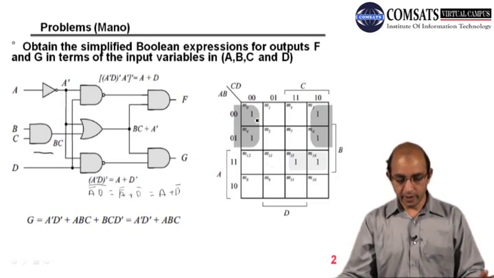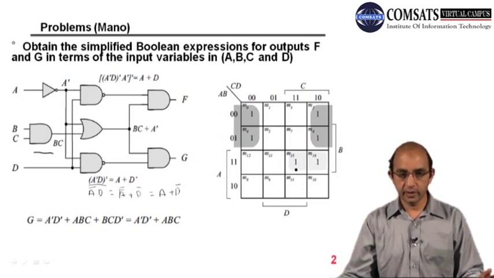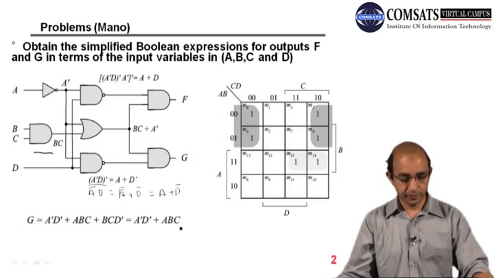So A bar D bar is the result of this square. As a result of this pair we will be having a term with 3 literals, because after the pair we normally get a term with 3 literals. So you can see that A, B, D will be eliminated and we are left with C, so ABC. So this is the solution, and you can solve for F by yourself.